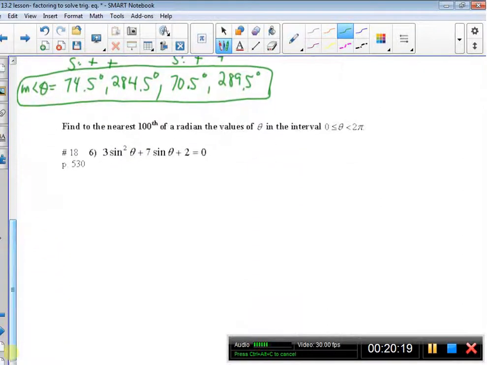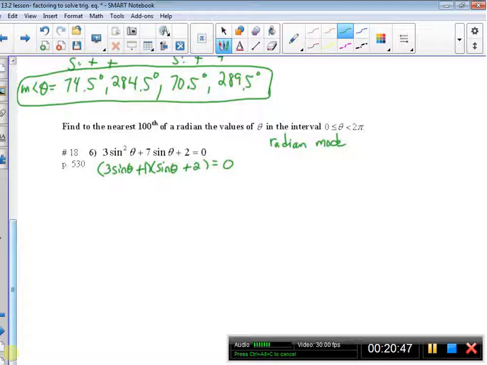Okay, last one. Find to the nearest hundredth of a radian. So I'm going to put myself in radian mode to solve this one. So let's factor first. So I'm going to do 3 sine theta and sine theta. And I'm going to do plus 2 and plus 1 this way because 6 plus 1, check the outers and the inners.